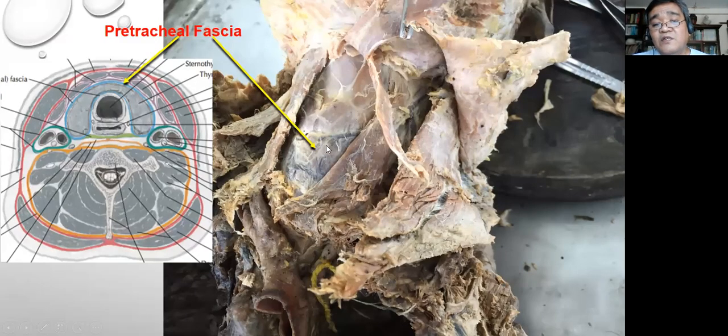By the way, your thyroid gland is actually covered by a very tough capsule which sends septae towards the parenchyma, and on top of the capsule is your pretracheal fascia, which wraps the thyroid gland and anchors it to the trachea posteriorly.